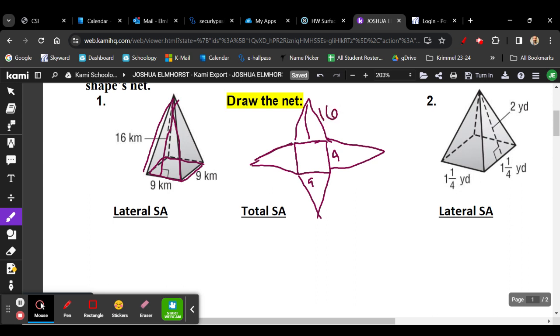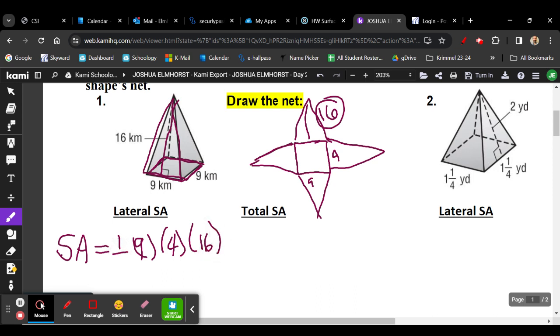So the lateral surface area is going to be the perimeter of the base, and that looks like it's going to be 9 times 4, times the height of the triangles.